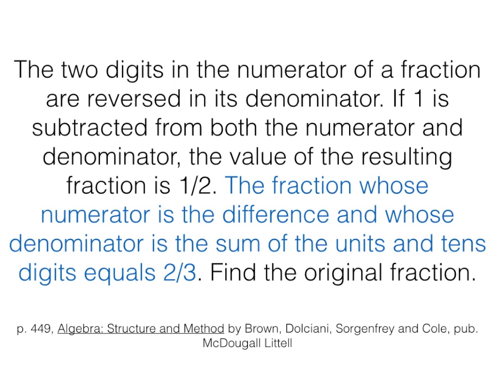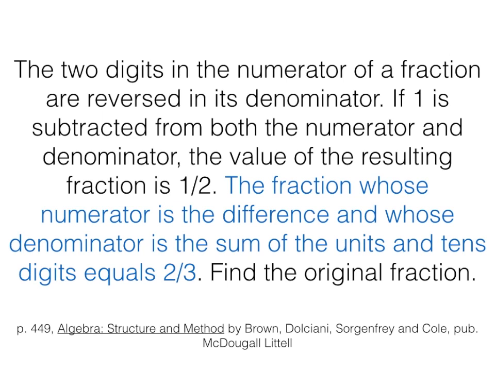The two digits in the numerator of a fraction are reversed in its denominator. If 1 is subtracted from both the numerator and denominator, the value of the resulting fraction is 1/2. The fraction whose numerator is the difference and whose denominator is the sum of the units and tens digits equals 2/3. Find the original fraction. Yeah, that blue sentence is kind of hard to understand.